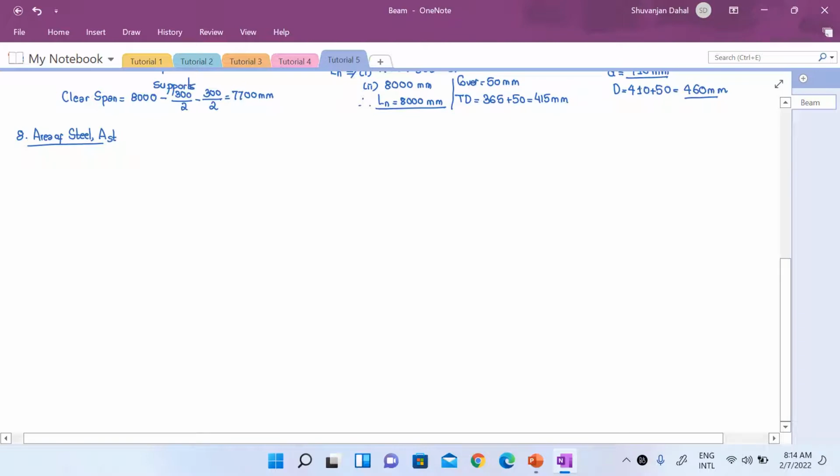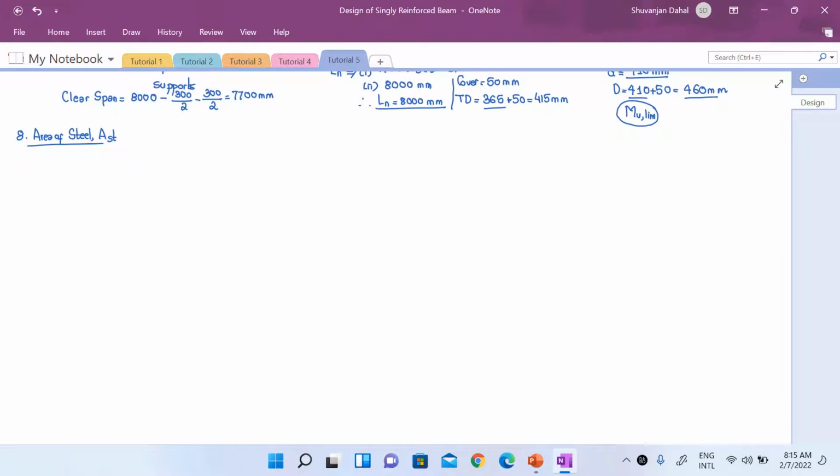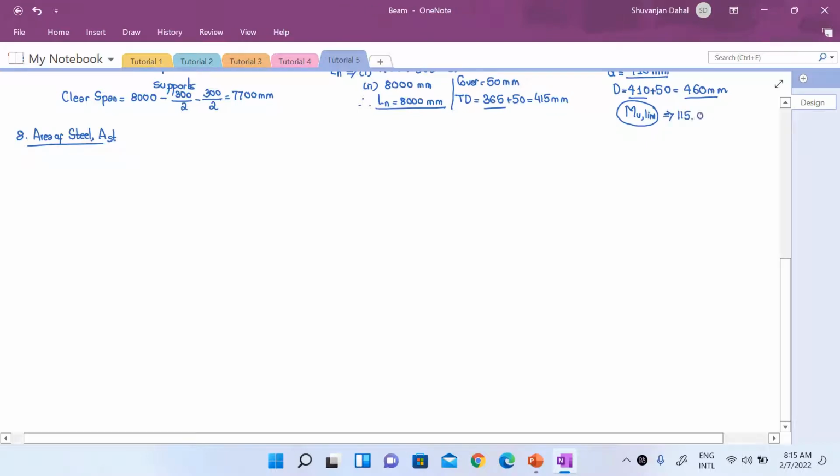So our effective depth of beam has been revised to 410 mm from the limiting moment carrying capacity of the beam. Here we use the formula for Mu limiting and we revise the effective depth of our beam. So increasing the depth to 410 mm from our initial effective depth of 365 mm has raised the limiting moment carrying capacity of our beam to our design factored moment of 115.08 kilonewton meter.